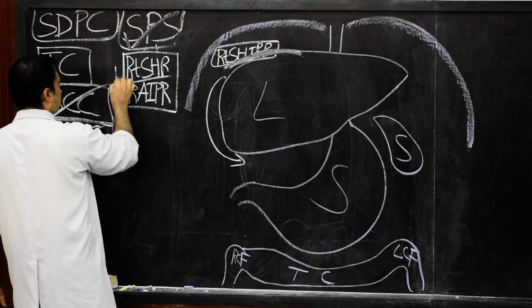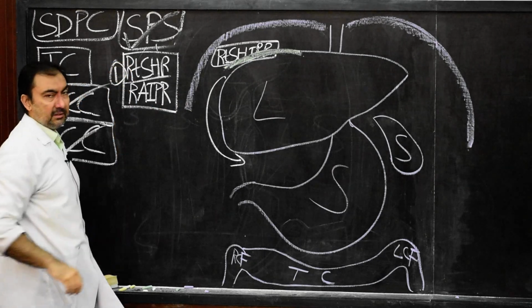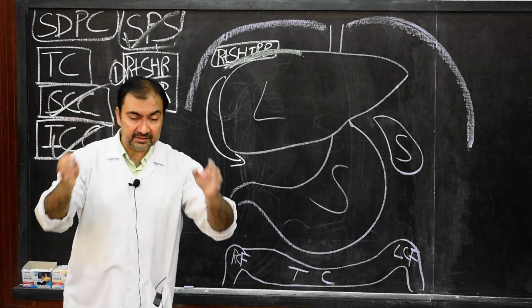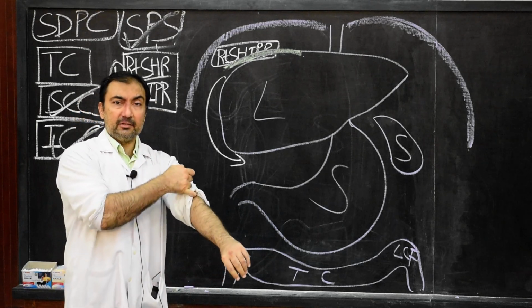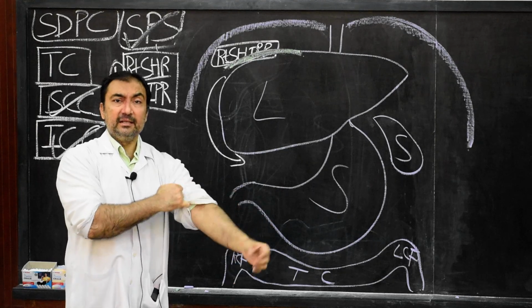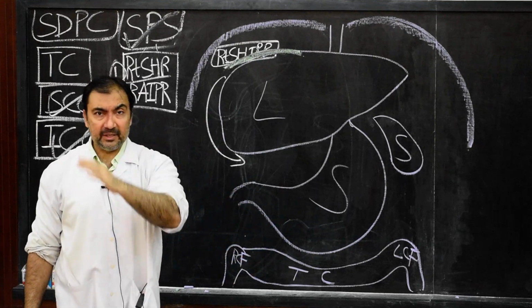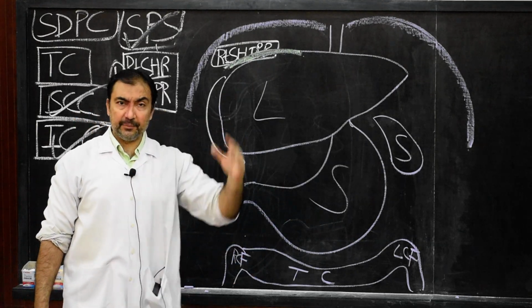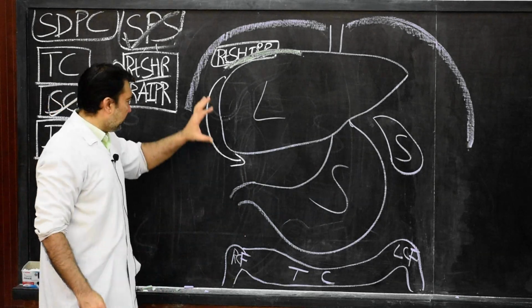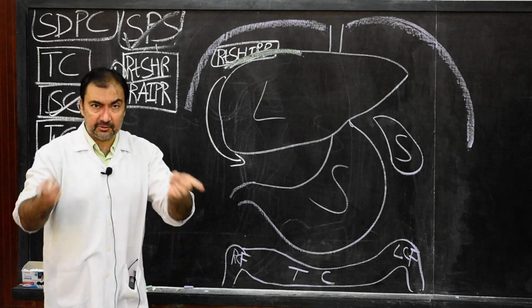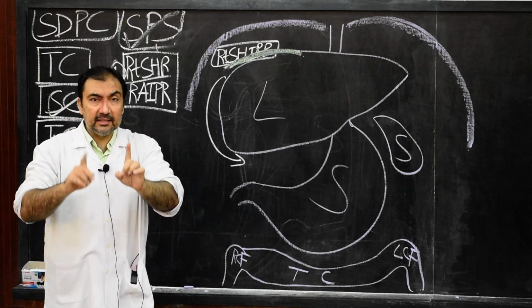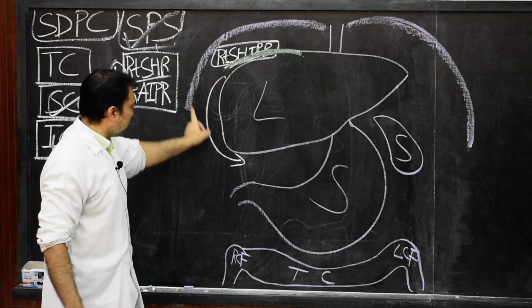This is the first recess of the supracolic compartment or subphrenic spaces. And remember, inferiorly it is communicating with the right posterior intraperitoneal recess, which is also known as the right subhepatic recess.